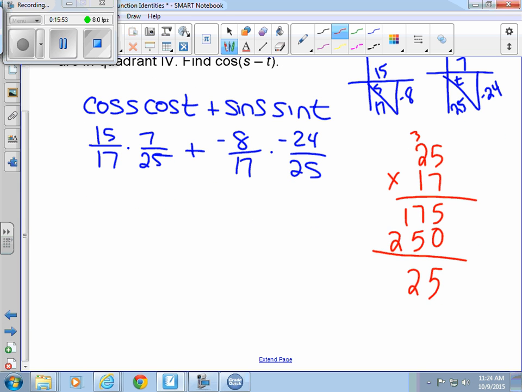Did you see how it is? So you do 7 times 25, and then you do the 10 times 25. Then you add.